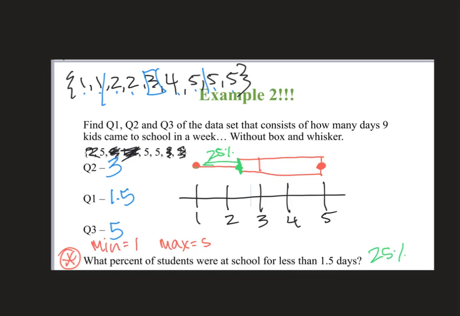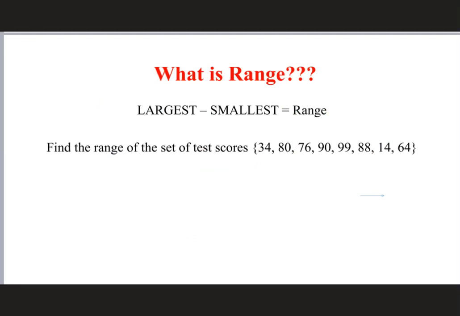Okay. Quartiles. Okay. So we have quartile 1. All right, what is range? Okay, range is the largest number minus the smallest number. Okay, so you think about it.